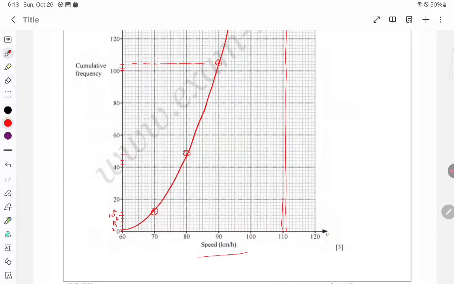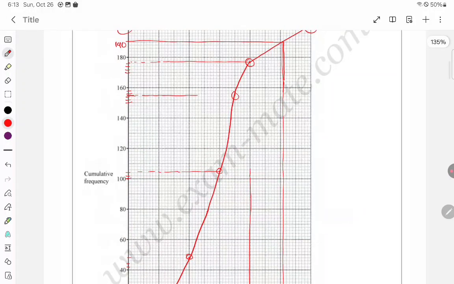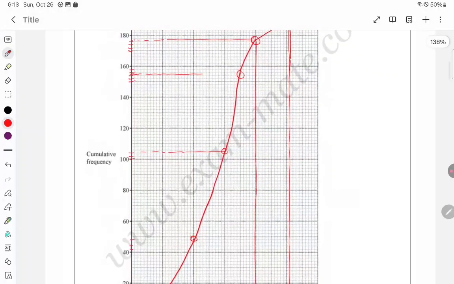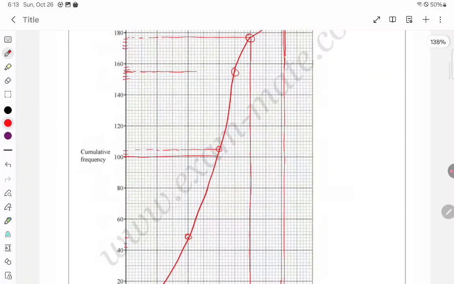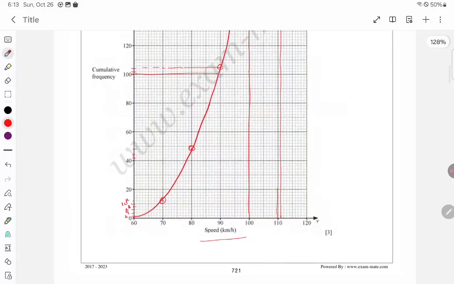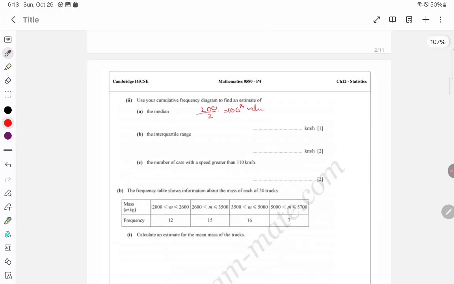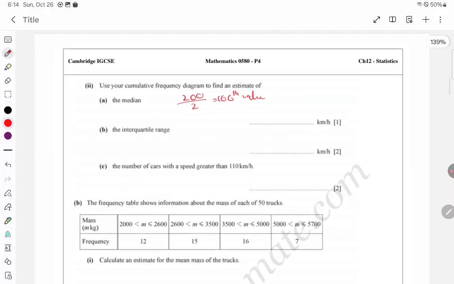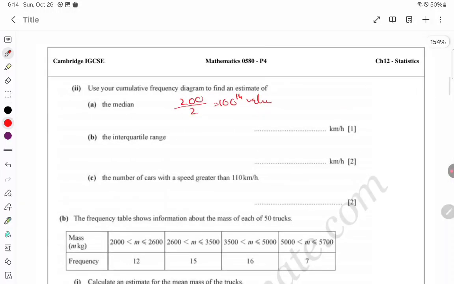Make a straight line from here to the point where it cuts the curve. The 100th value from the cumulative frequency is considered as 89. So we can say that the 100th value is at 89.